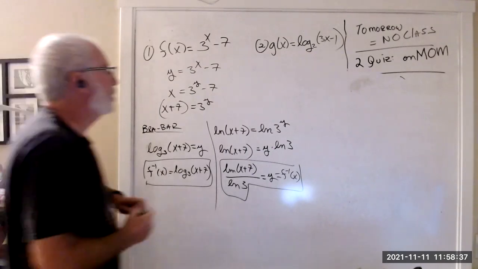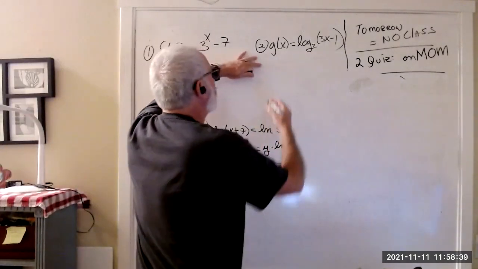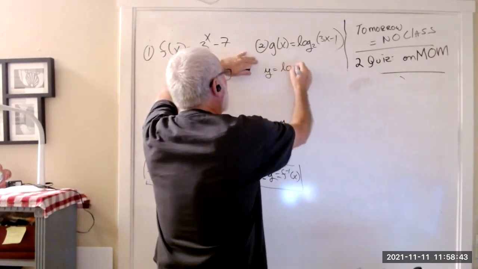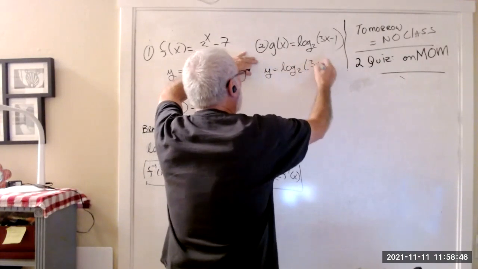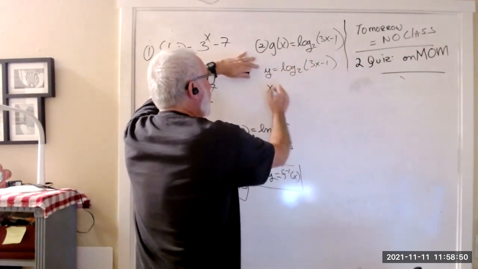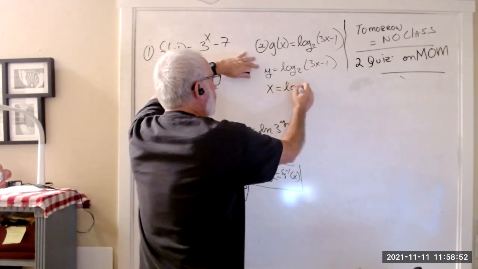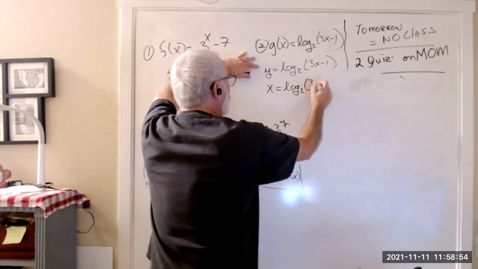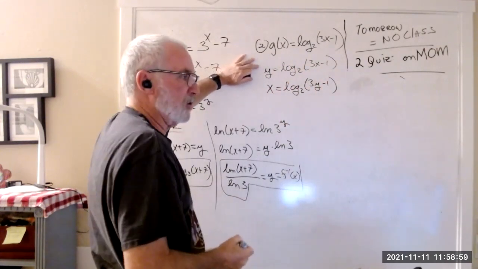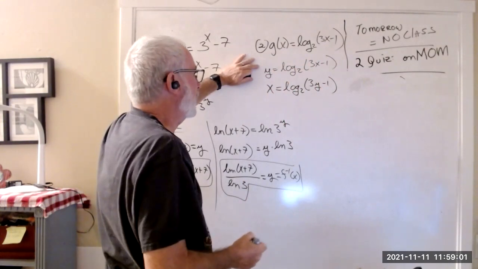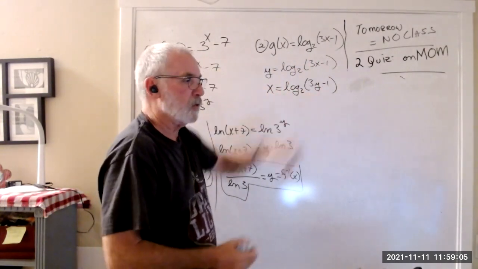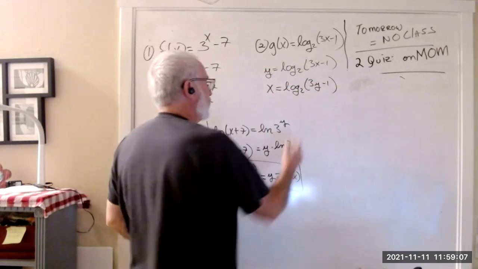Then in number 2, we write this as y equals log base 2 of 3x minus 1. Swap them. x equals log base 2 of 3y minus 1. And now think, how do I get the log off of that? The only way to do it is the Bra-Bar rule.